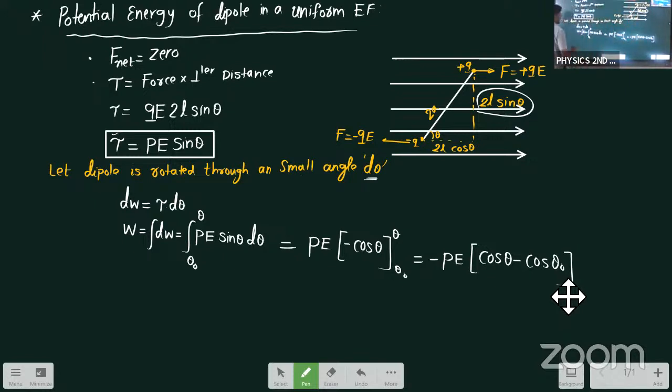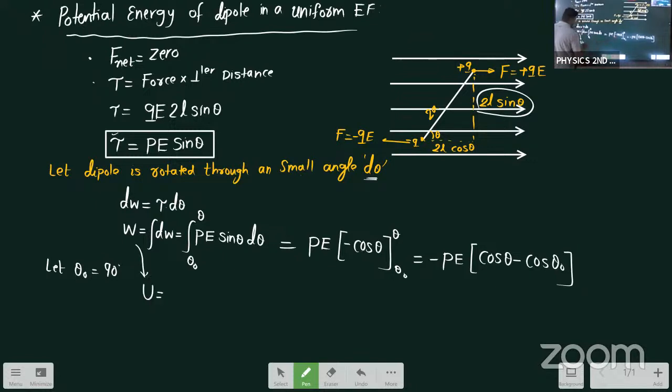Here we'll be considering one small condition. Let theta naught be equal to 90 degrees. Let us assume that theta naught is equal to 90 degrees. Then what will be the work formula? Whatever work we do will be stored in the form of potential energy.